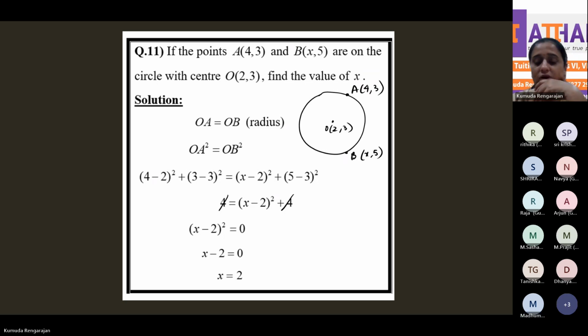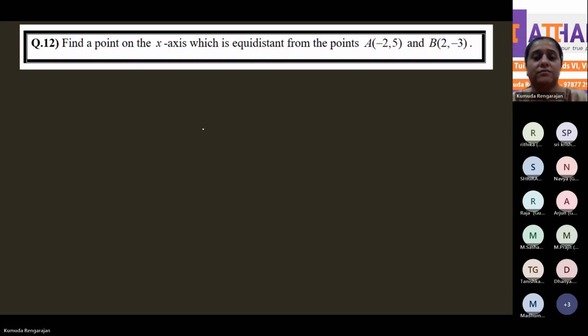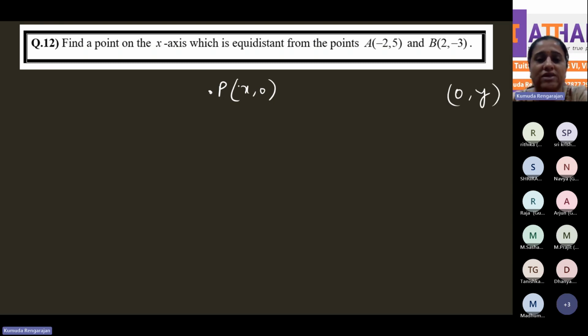So we need to find a point on the x-axis. We know that every point on the x-axis will be of the form (x, 0). Every point on the y-axis will be of the form (0, y). So let the point be given by the address (x, 0).